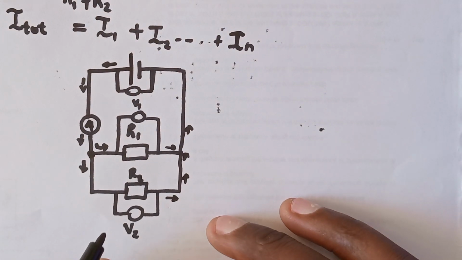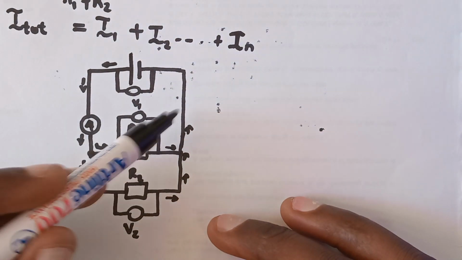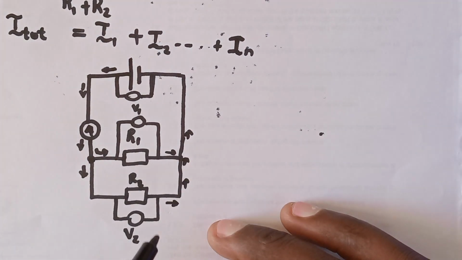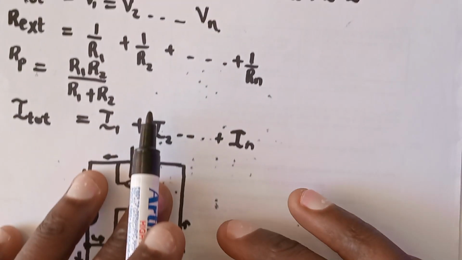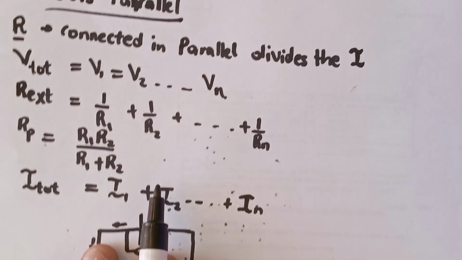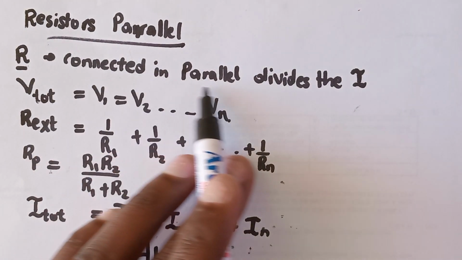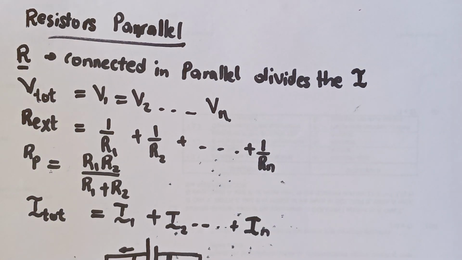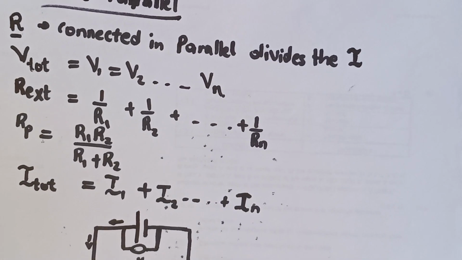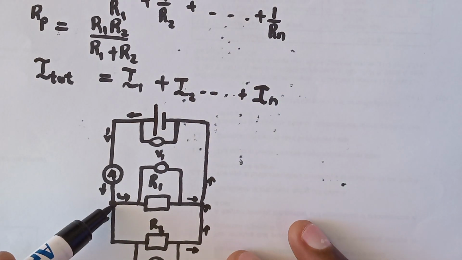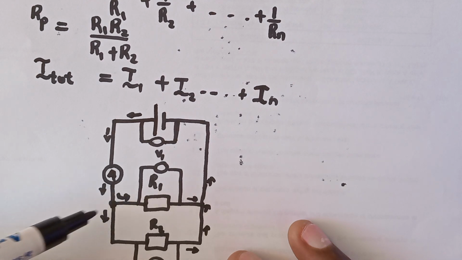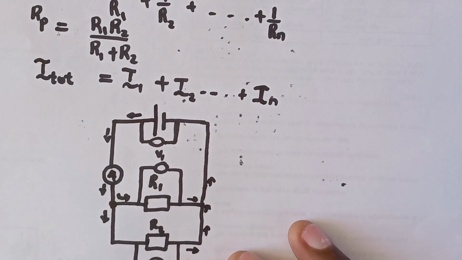If you can take note here, the only thing that is divided is the current, as I said earlier, that resistors that are connected in parallel divide the current. So now you can see that the current is divided from here. The other current flows this direction, the other current flows this direction.